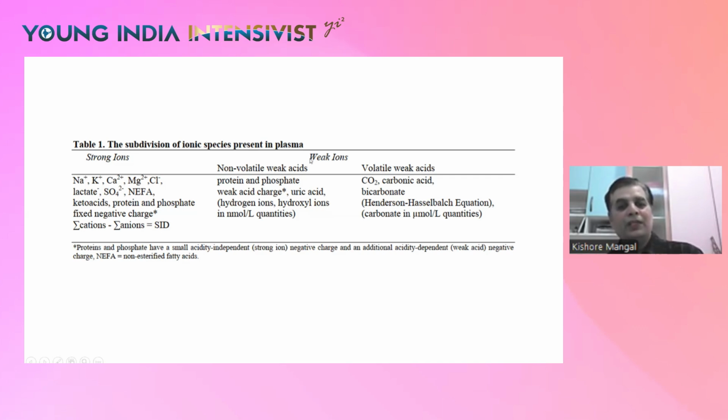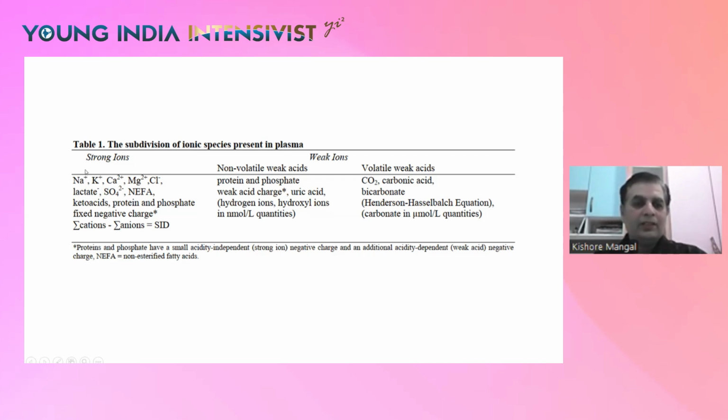Then we have weak ions, which include non-volatile and volatile. Volatile is where it can be changed with the change in respiration, that is the CO2. Okay, so CO2, carbonic acid, and bicarbonate are volatile weak acids, and non-volatile weak acid predominantly contains protein, phosphates and then uric acid also.